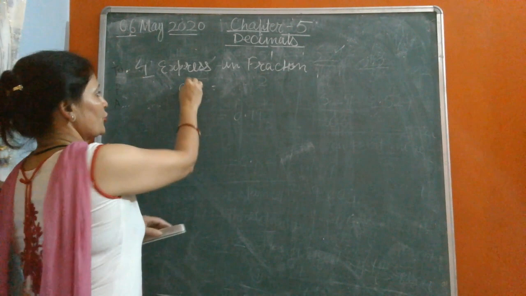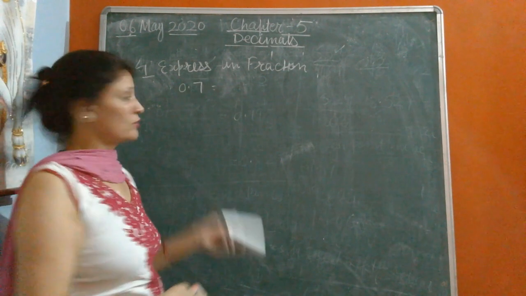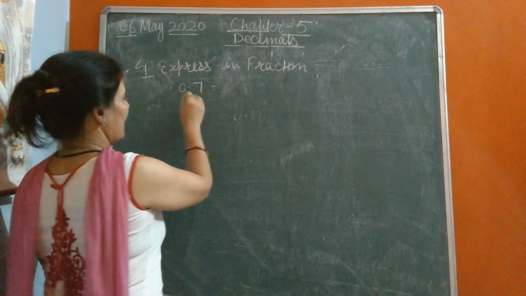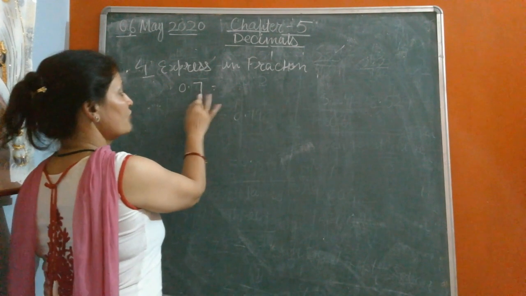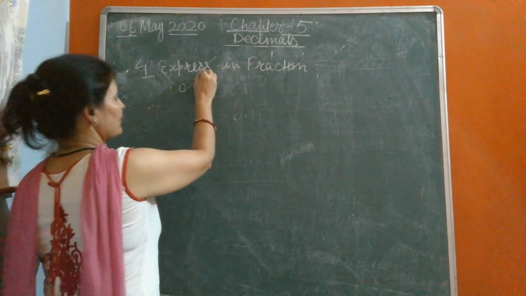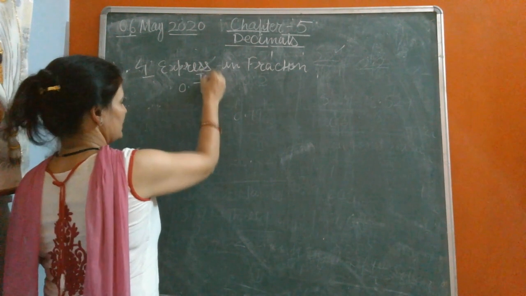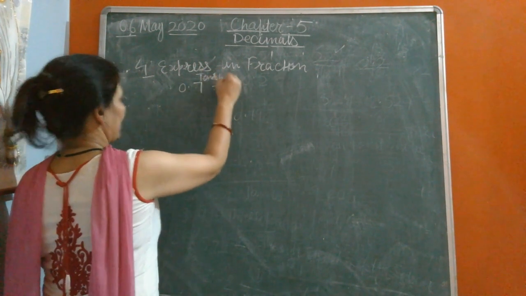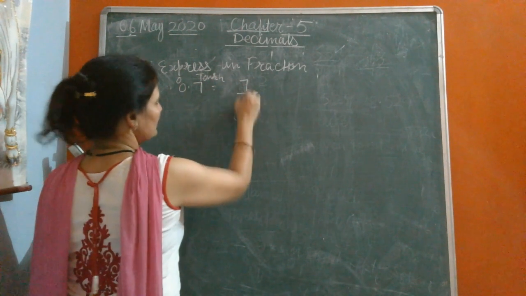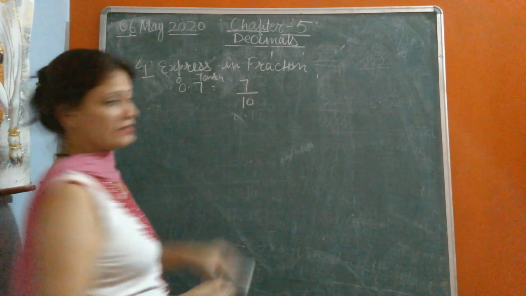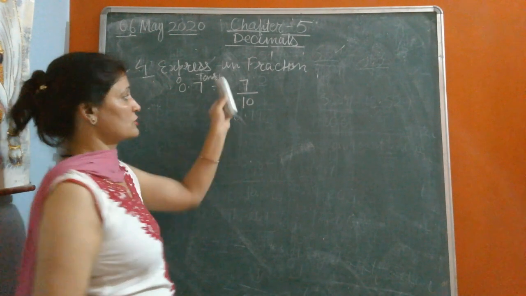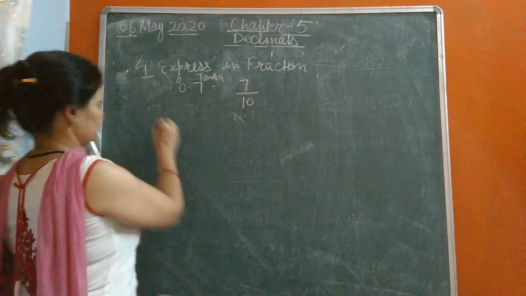I have told you when we did the home activity, in 0.7 after the point there is one digit. So one digit means tens place and ones. So it is tens, so we will write 7 by 10.